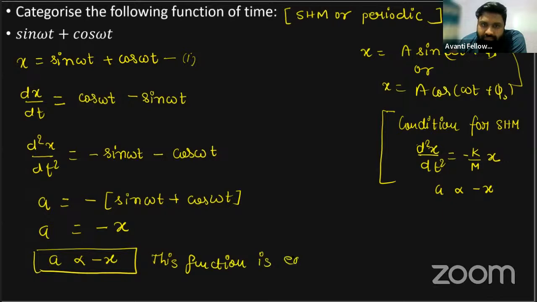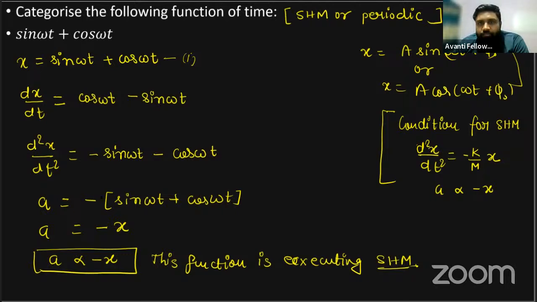Got it? Because the condition for SHM is satisfied: acceleration is directly proportional to minus x. So this function is executing SHM.